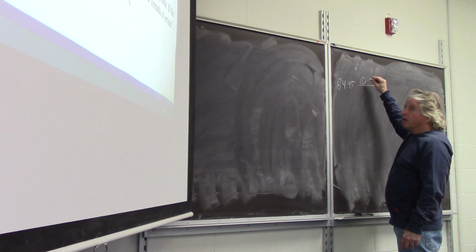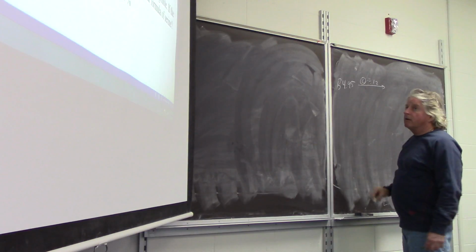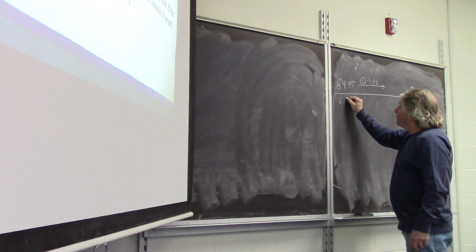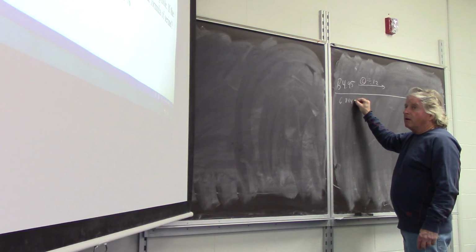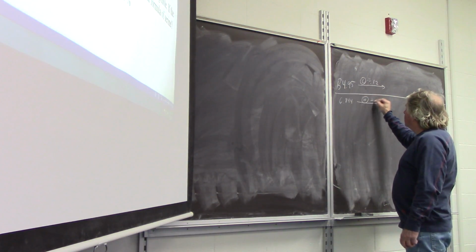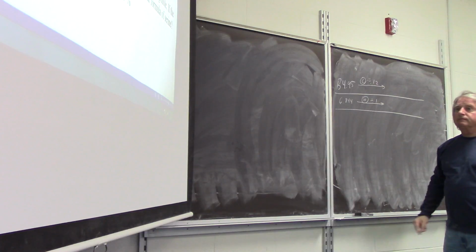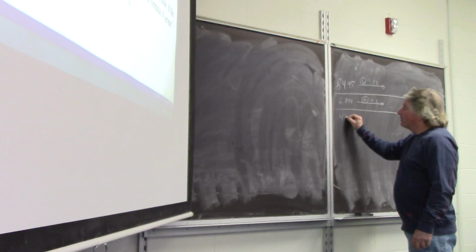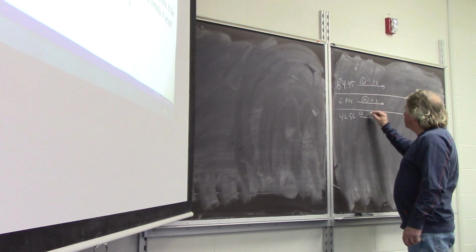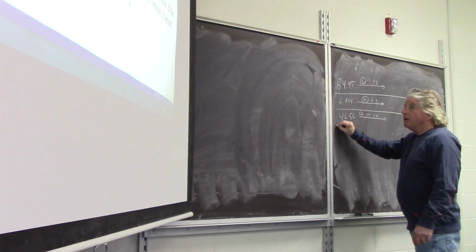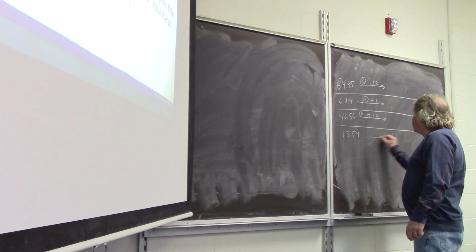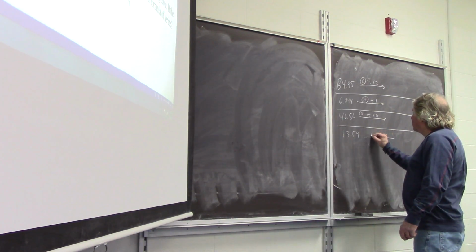So it's carbon, so divided by 12. 6.844 divided by 1, because it's hydrogen. 46.56 divided by 16, because it's oxygen. And the last guy is 13.59 divided by 14, because it's nitrogen.